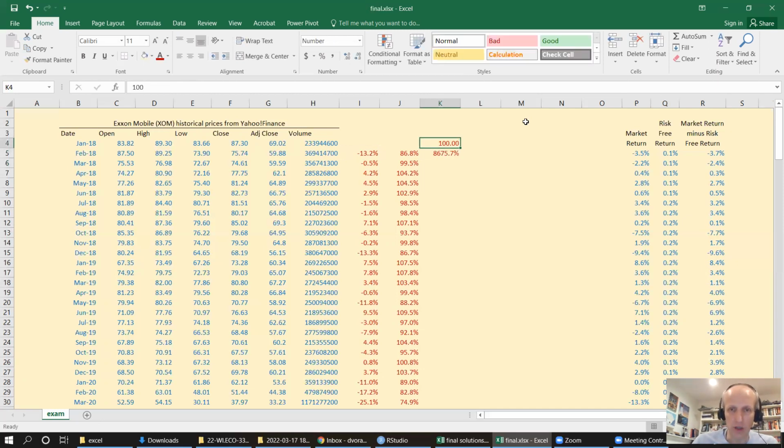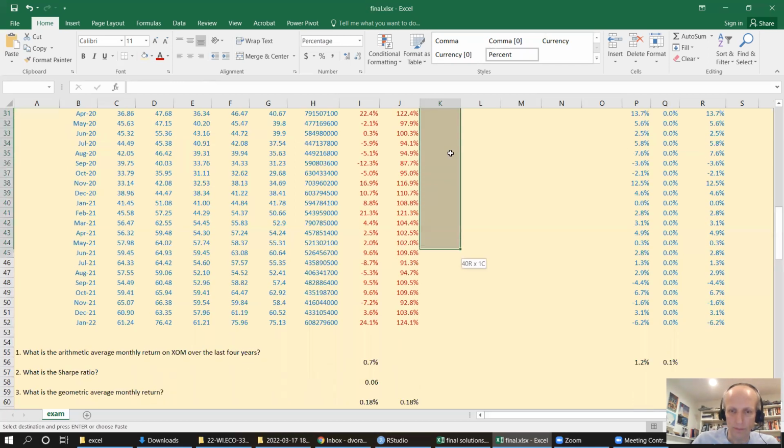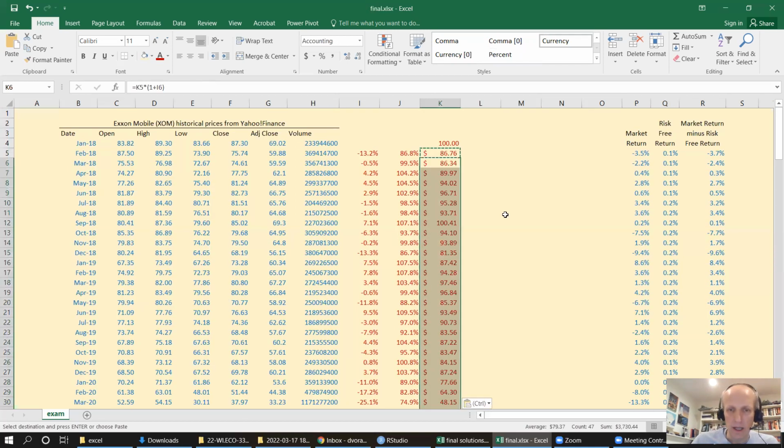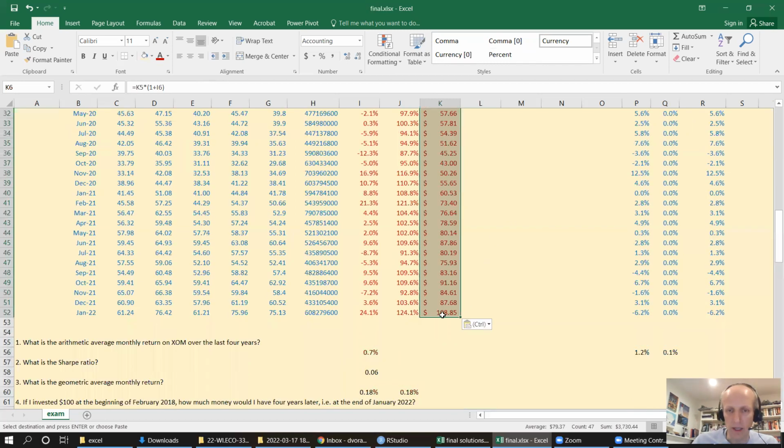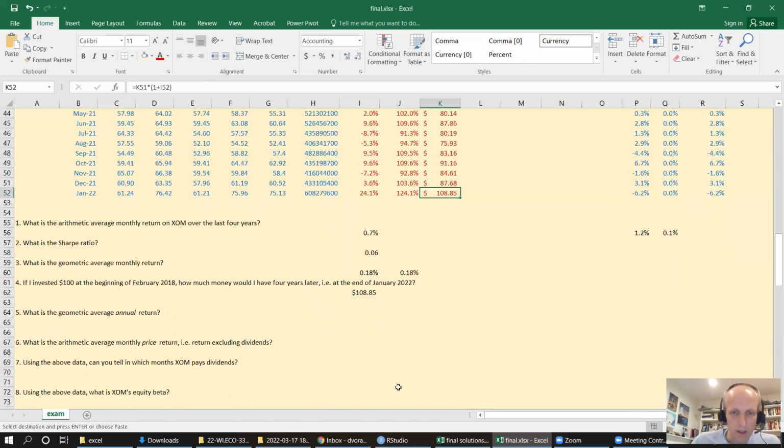We're going to have to change this into numbers. Let's change it into dollars. And we'll copy this all the way down and end with $108.85. Just the same thing we got using the FV function, future value function.